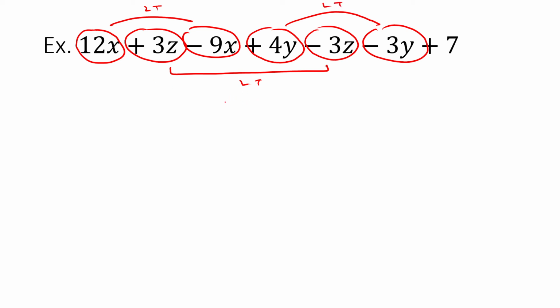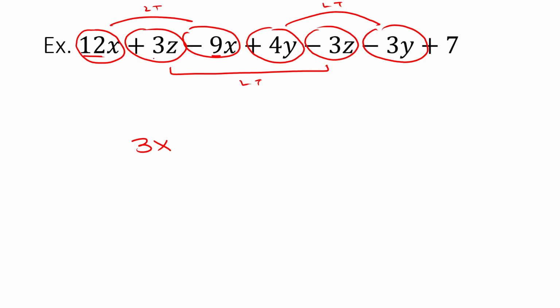Now what we do is we combine them. Let's start with the first pair, 12x minus 9x. 12 minus 9 gives you 3x. Now moving on, we have 3z minus 3z.